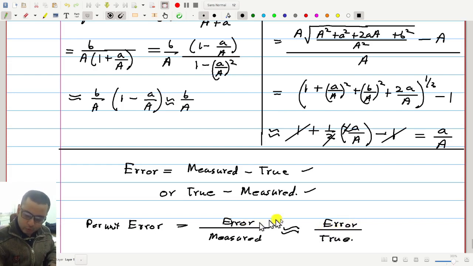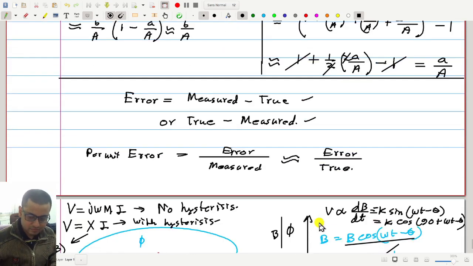My point is, both of these will give almost equal answers unless the error is large, and depending on whether the measured value is directly known or the true value is directly known, you can choose to use either this definition or this definition. Okay? Okay, sir.